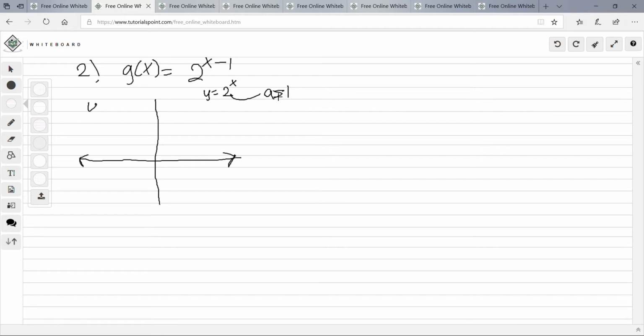Our a is 2, right? And it's greater than 1, so it's definitely increasing. And we know all exponentials have a y-intercept of (0, 1). So let's go right here, and this is (0, 1). And we know it's increasing, so it's going to go something like this. Oh, that was awful.